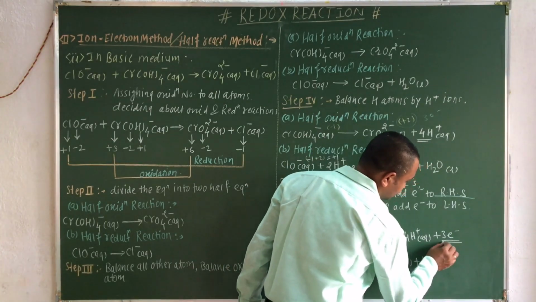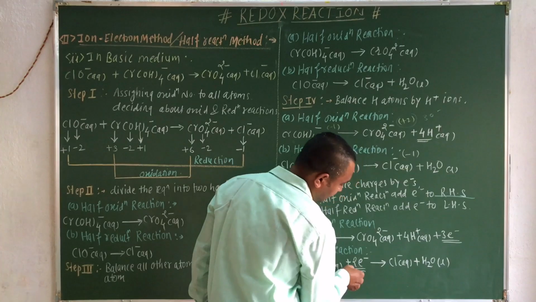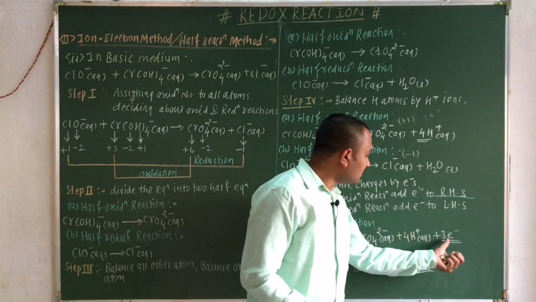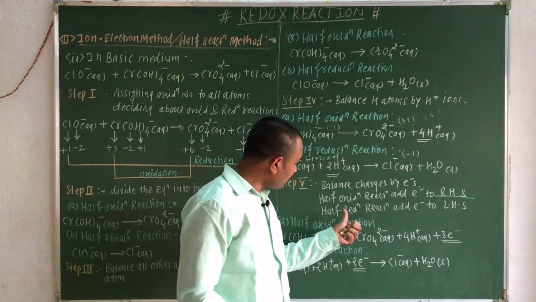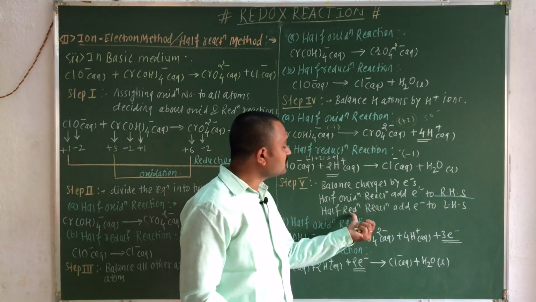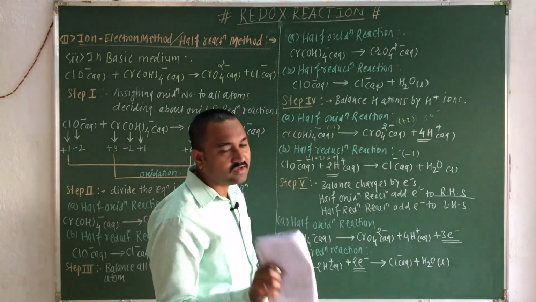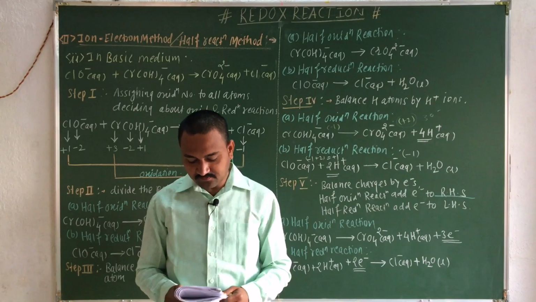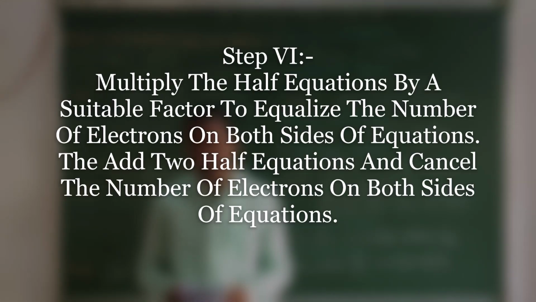So remember students, we are adding the electrons to the right and the left hand side of the equation, but for the right hand side we are using the half oxidation reaction, for the left hand side we are using the half reduction reaction. This is a very important step. Now let us go to the next. Step number 6: multiply the half equation by a suitable factor to equalize the number of electrons in the two half equations, then add the two half equations and cancel the electrons on both sides of the equation.